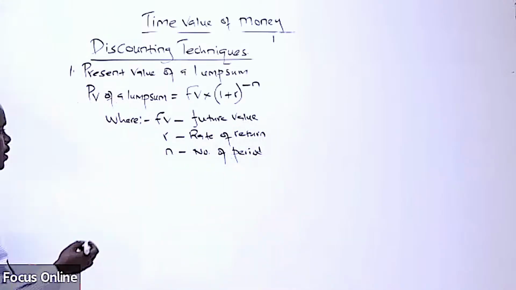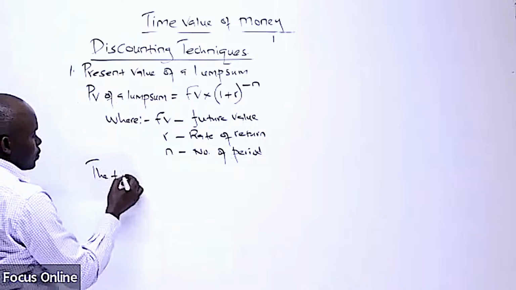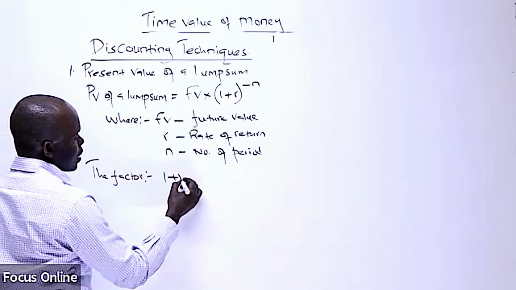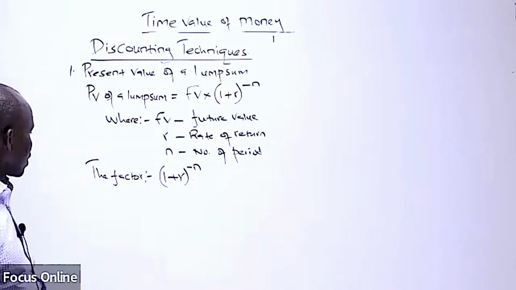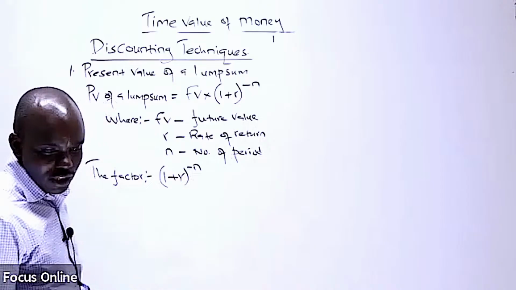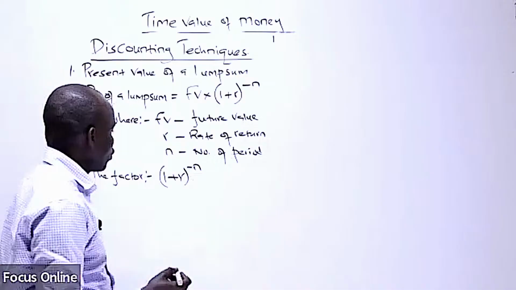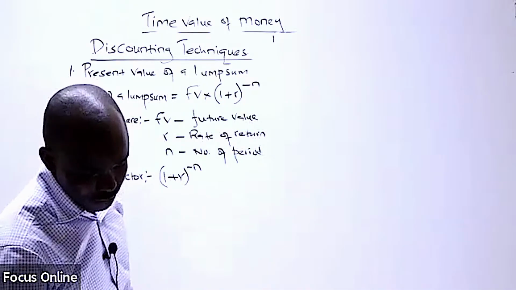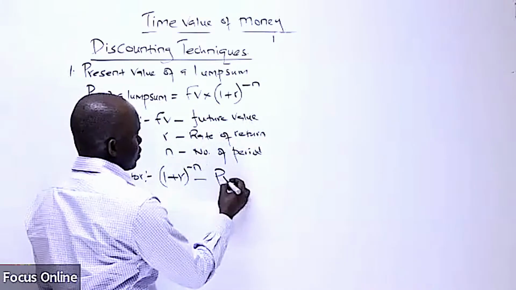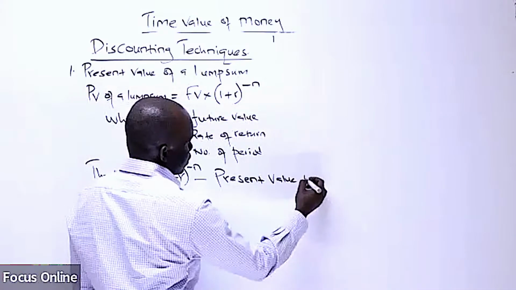Now this factor, (1 plus R) power negative n, we call it the present value interest factor.